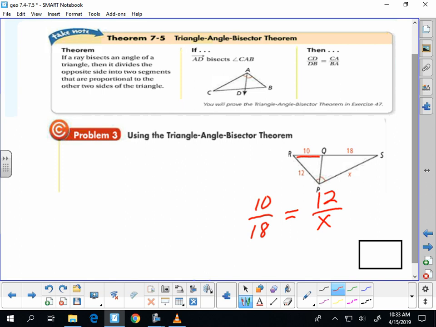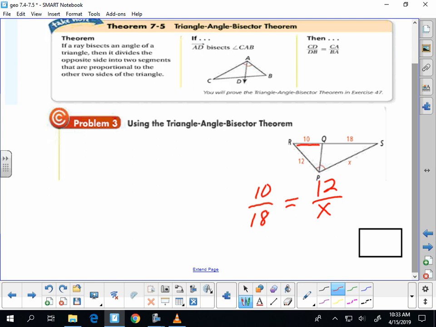So opposite over opposite equals side that's not opposite over side that's not opposite. 10x equals 18 times 12, 216. So x is going to be 21.6. So that is the very last thing, the triangle angle bisector theorem.